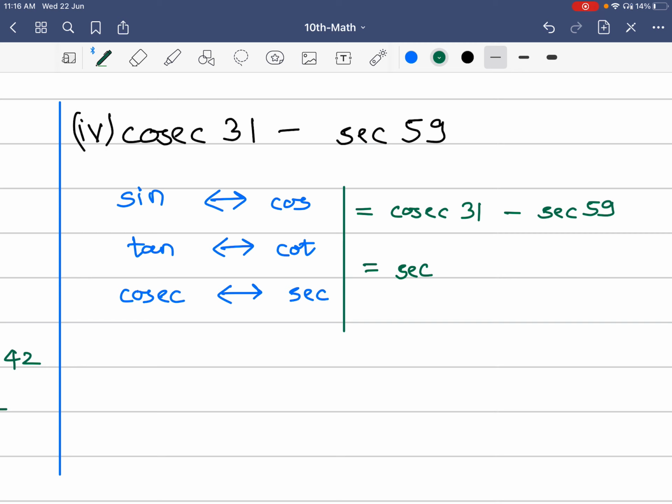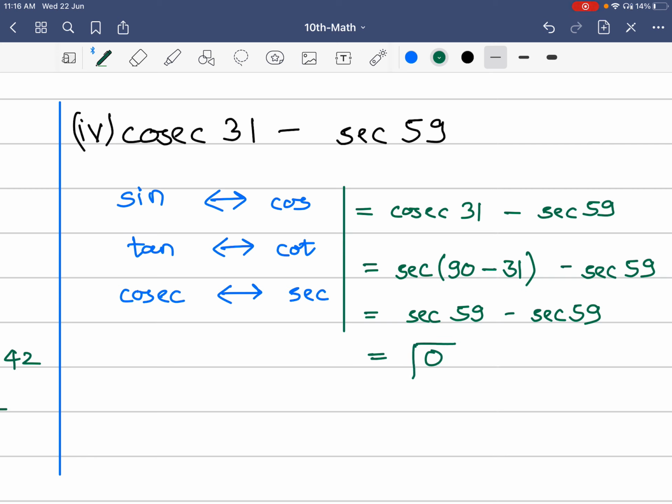So cosec of A is equal to sec of 90 minus A, here A is 31, minus sec of 59, and that is equal to sec of 59 minus sec of 59. These are exactly the same values, so their subtraction is going to be 0.